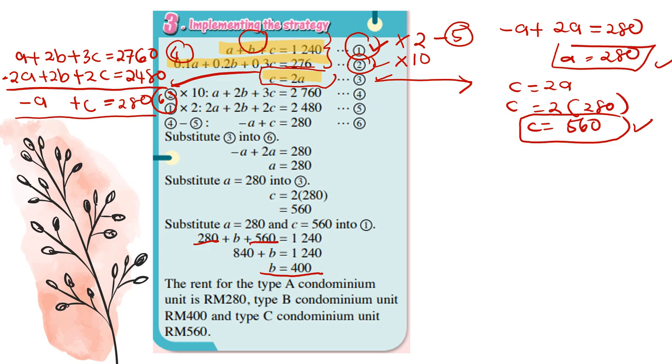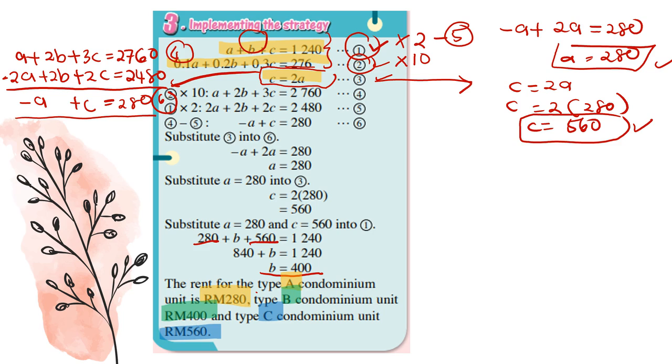So you already solved the rent for A condominium, B condominium and C condominium. RM 280 for type A, for type B it is 400, and lastly for type C it is 560.